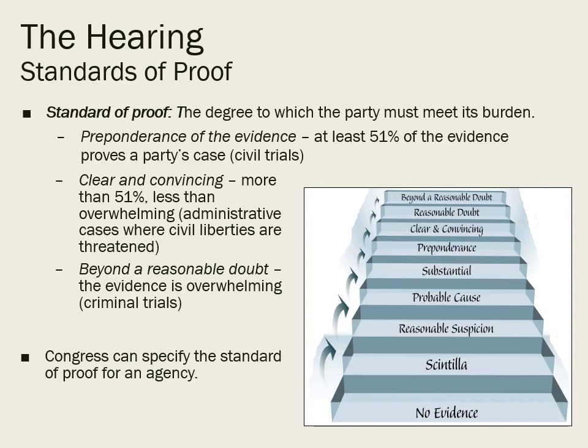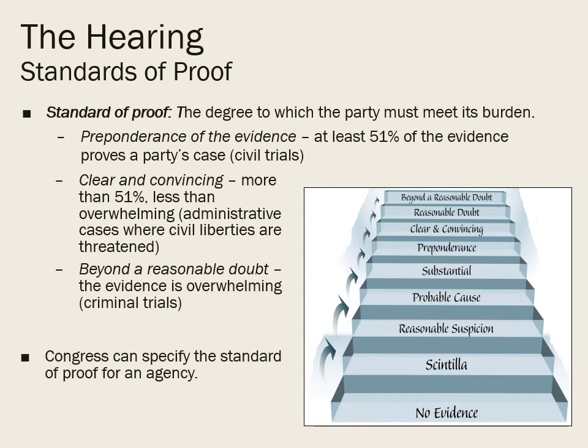In administrative adjudications where there are civil liberties threatened, like for instance, if you're a prisoner and now you're going to get locked up in a supermax prison rather than a regular prison, or be put in solitary confinement rather than in general population, or if you're in a deportation hearing and you risk being deported, then the agency has to show clear and convincing evidence.